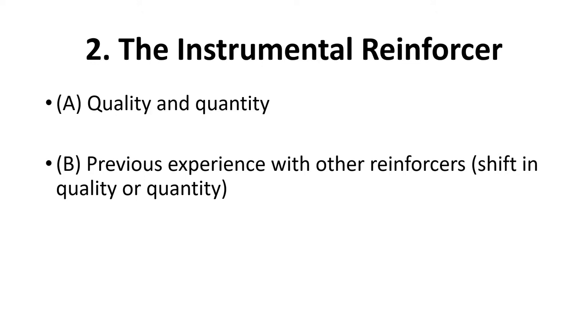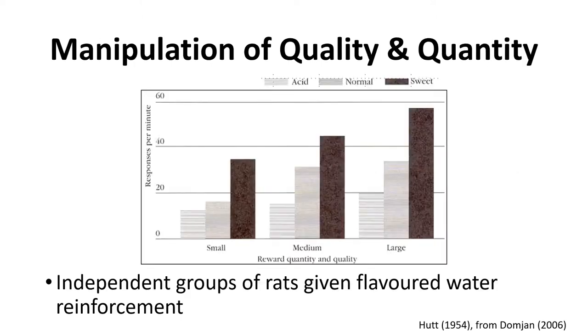We're also going to talk about previous experience with other reinforcers, so how we can relate the current reinforcer to other experiences with reinforcers. And we'll discuss each of these in more depth on the following slides.